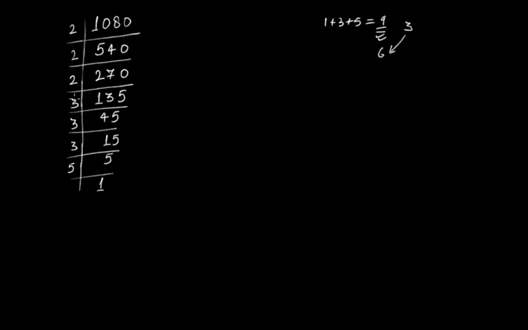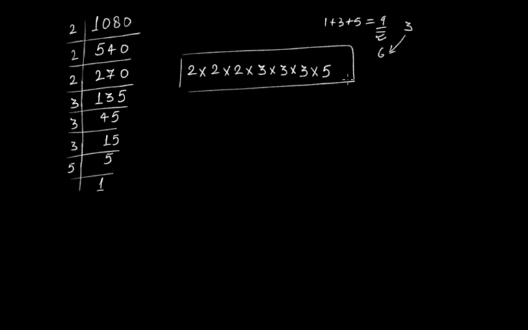So in this case of 1080, what will be the prime factorization? You have 3 2's, so 2 times 2 times 2. You have 3 3's, so times 3 times 3 times 3, and you have 1 5, so times 5. This is the prime factorization of 1080.